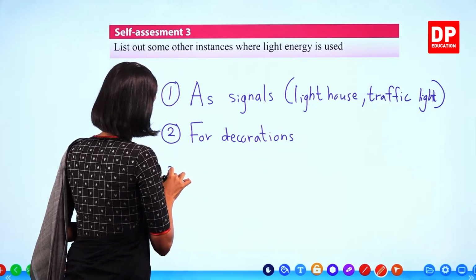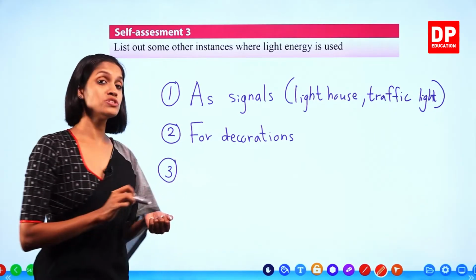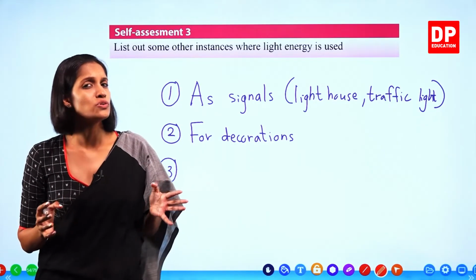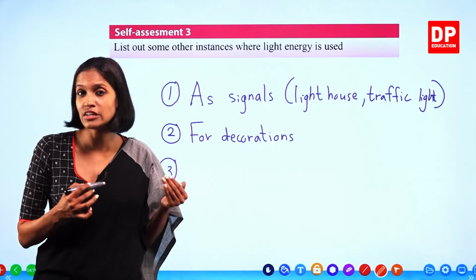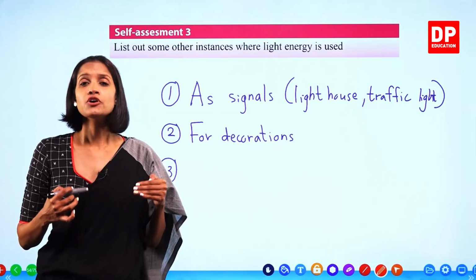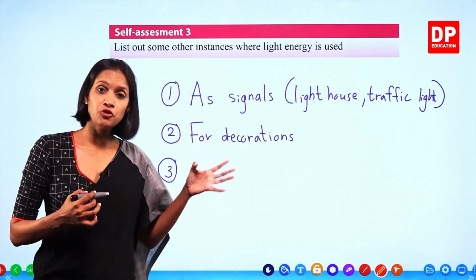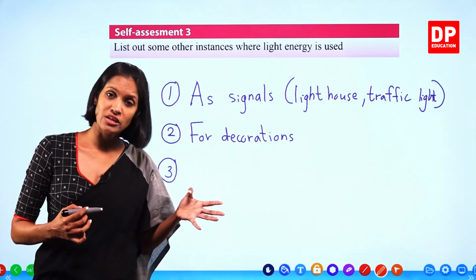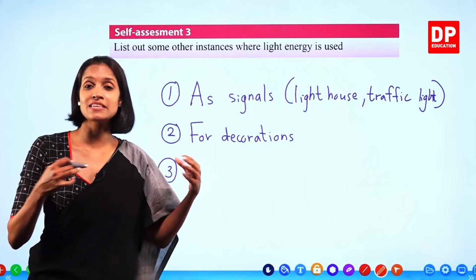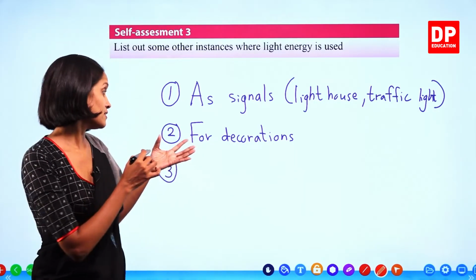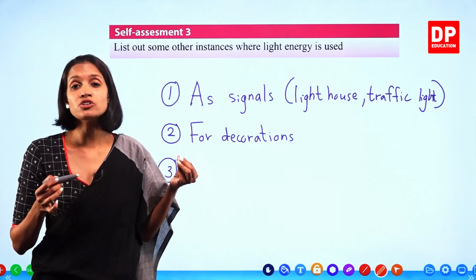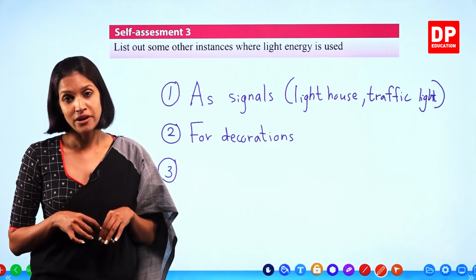What else, children? Light is used in communication. Do you remember we learned about optic fibers? Last year we learned about optic fibers. So when you consider telephone communication, internet communication, all those internet lines and the telephone lines, they are made with a special type of material called optic fiber. Right, children?